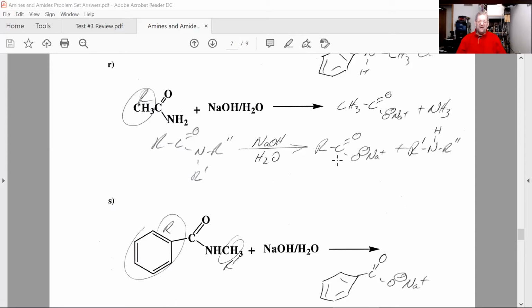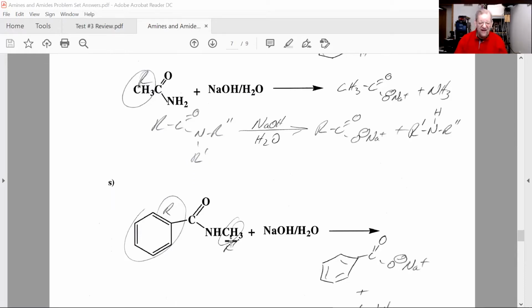And what you get back is the carboxylate anion of the carboxylic acid. Why? Because base reacts with the carboxylic acid to form the carboxylate anion, and you get back the amine you would have used to make that amide. Remember, R prime and R double prime can be hydrogen. They are an R, but let's look at S.